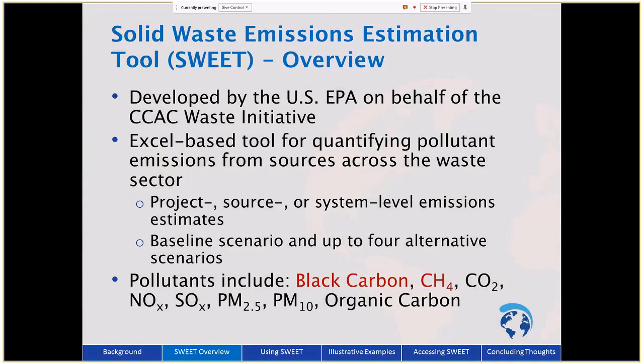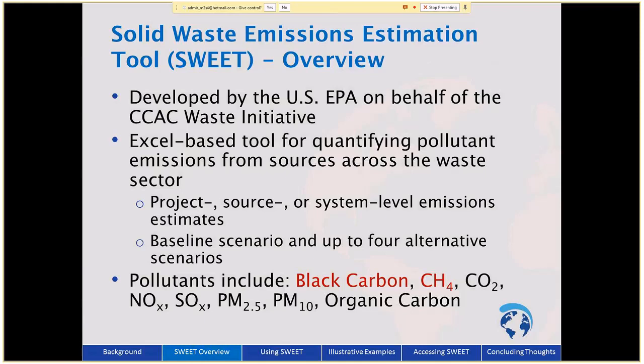Recognizing the challenges involved in estimating emissions of short-lived climate pollutants from the waste sector, and the importance of understanding the magnitude of these emissions so that we can identify the best opportunities for mitigating them, the US EPA began developing the Solid Waste Emissions Estimation tool, or SUITE, on behalf of the CCAC Waste Initiative. This is an Excel-based tool for quantifying emissions from sources across the sector.